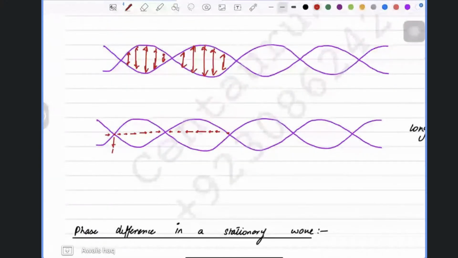So just remember that nodes have no displacement, and the arrows are sort of towards the nodes in that sense. Okay, so will you guys be able to remember that?